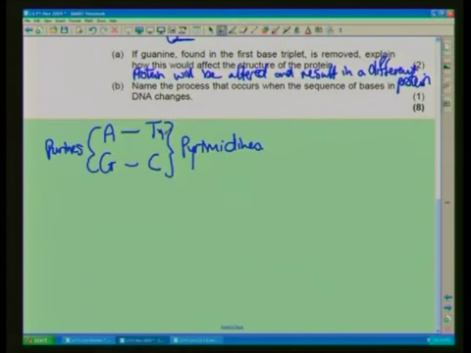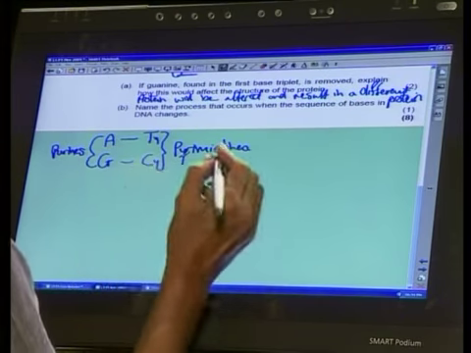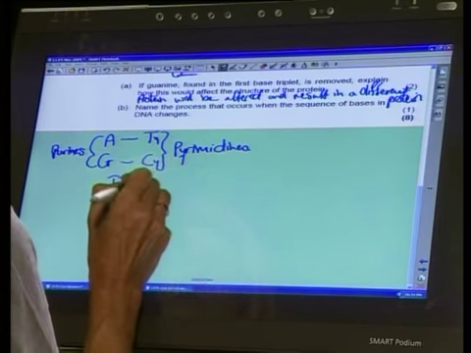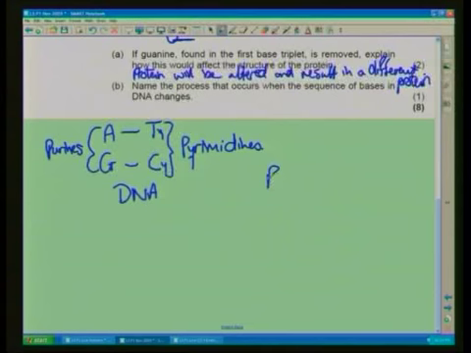There's thymine and cytosine and the Y for pyrimidines. That's how you remember that. But they always bond like this. That's to make up DNA. When we have RNA, adenine will always bond to uracil because there is no thymine in RNA. And guanine will always bond to cytosine just like it does for DNA. So if you remember that, that's fine.